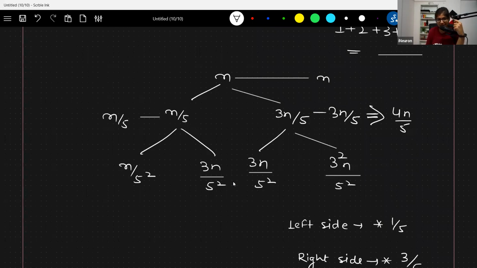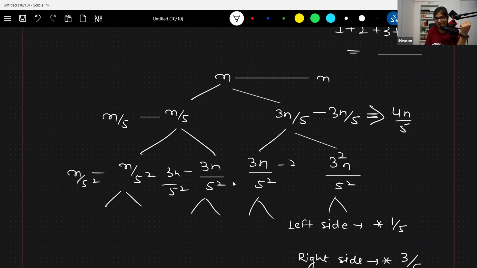Now in the next level, if you keep on dividing, you will again get the cost as n by 5 square plus 3n by 5 square plus 3n by 5 square plus 3 square n by 5 square. If you add this, you will get the total cost as 4 square divided by 5 square into n. Are you getting this answer? Try to add this. Are you getting it?